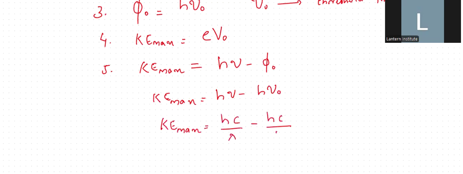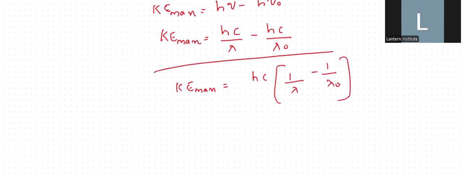The kinetic energy equation can be written as kinetic energy maximum is equal to hc into 1 by lambda minus 1 by lambda naught. So this is another equation of kinetic energy in terms of wavelength and threshold wavelength lambda naught.